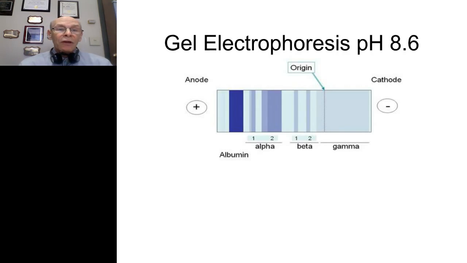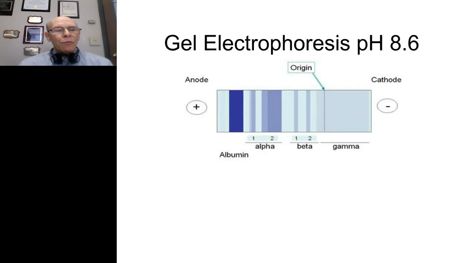However, the gel itself has a net negative charge, such that the positively charged ions in the buffer migrate toward the cathode. This creates a stream of movement toward the cathode called endosmotic flow. Now, because of this flow of buffer ions, the weakly anionic gamma globulins end up being pulled toward the cathode. Note that they're on the cathode side of the origin.